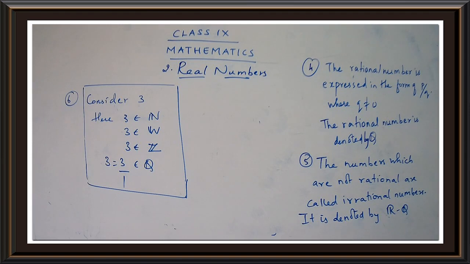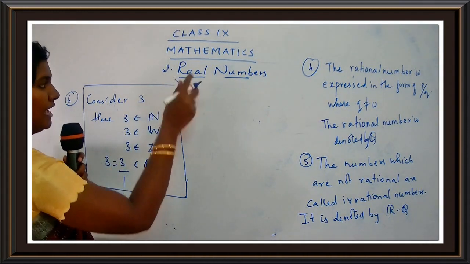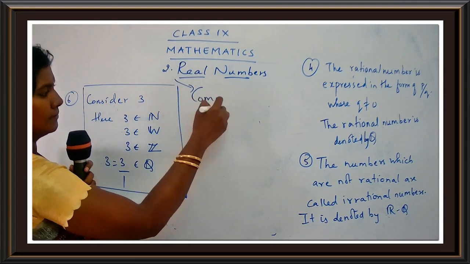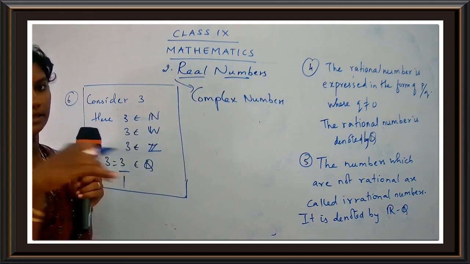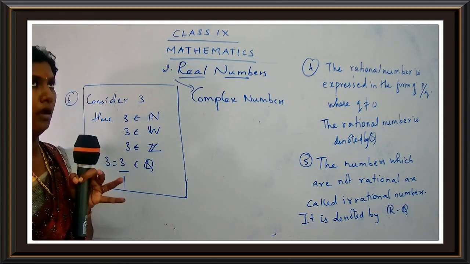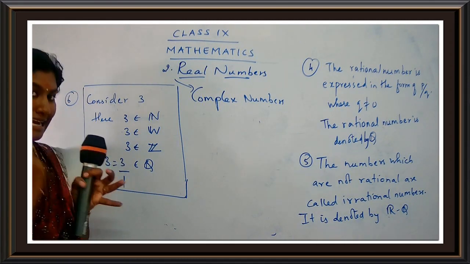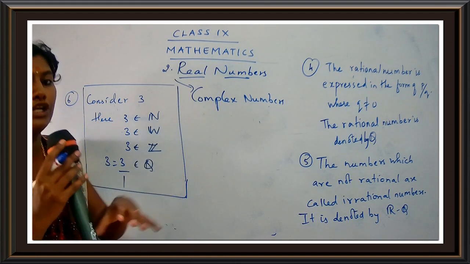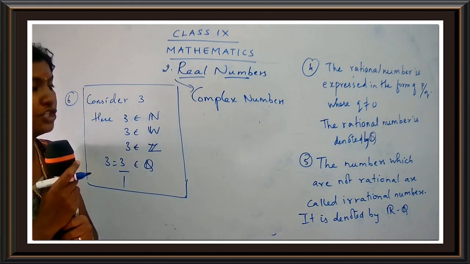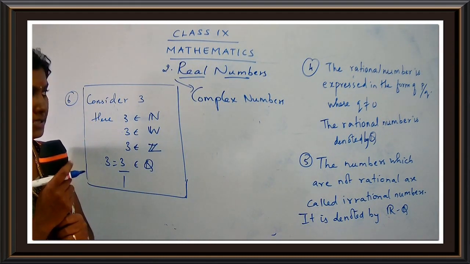Okay, children. And we have one more type of numbers. We have complex numbers. Okay, we have real numbers and we have complex numbers. Under real numbers you have all the numbers like natural, whole, integers, rational, and irrational numbers. A complex number is a totally new kind of number which you will be learning in your class 12.